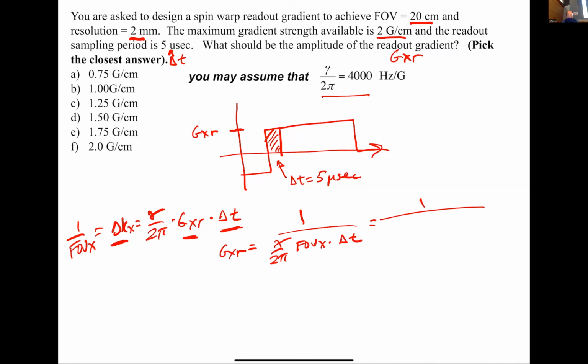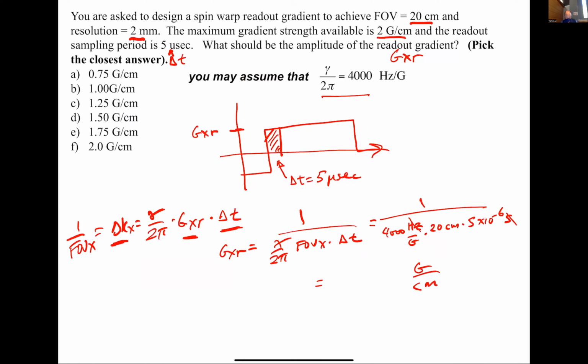That's 1 over 4,000 hertz per Gauss, field of view of x is 20 centimeters, and then 5 times 10 to the minus 6 seconds. The hertz cancels out the seconds, and the units would be Gauss per centimeter, which is good.